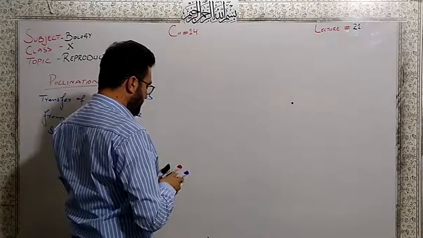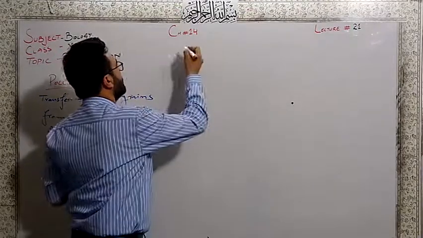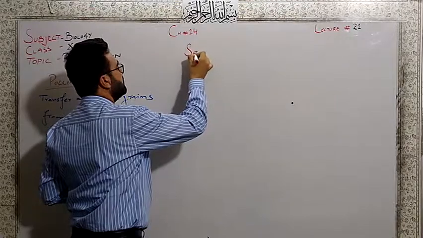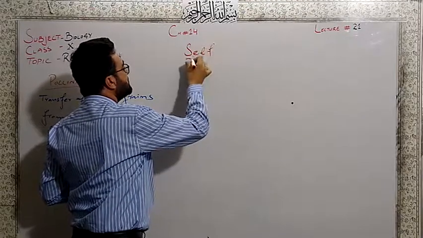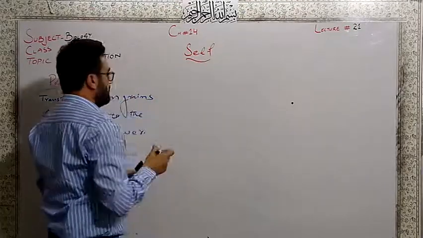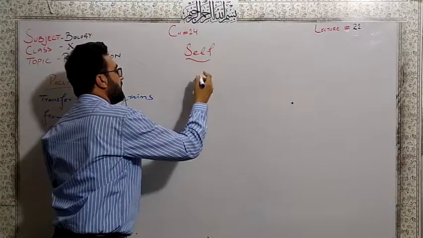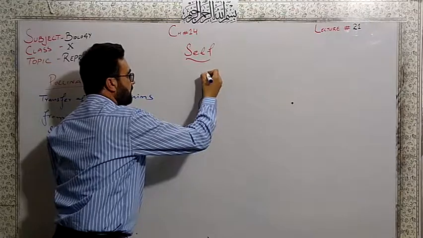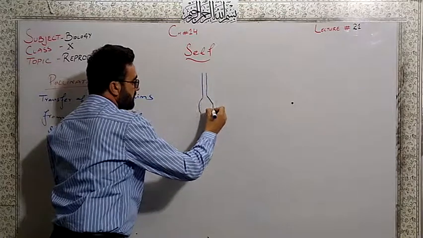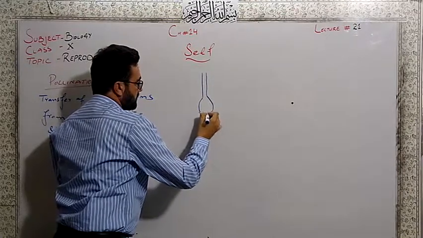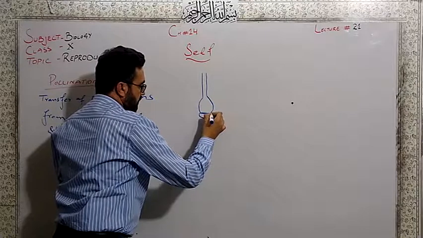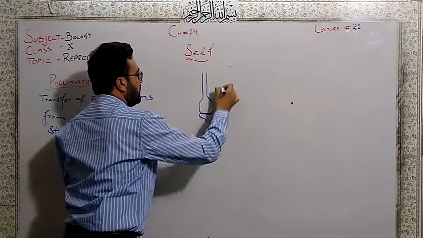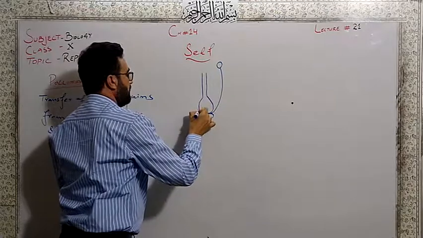There are two types of pollination. One is called self-pollination, in which usually the same flower pollen grains usually come on the stigma of the flower.